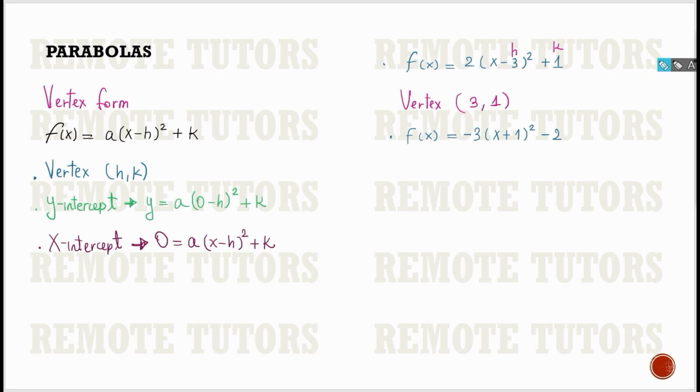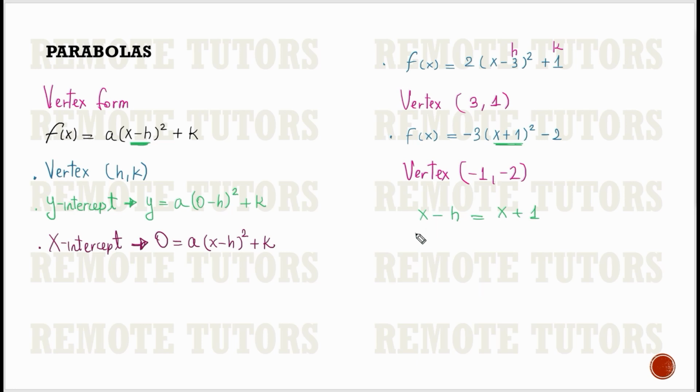Now, for the second one, the vertex must be at (-1, -2). Now, why is it minus 1? Because, see here, the formula says x minus h. It's like x minus h must be x plus 1.